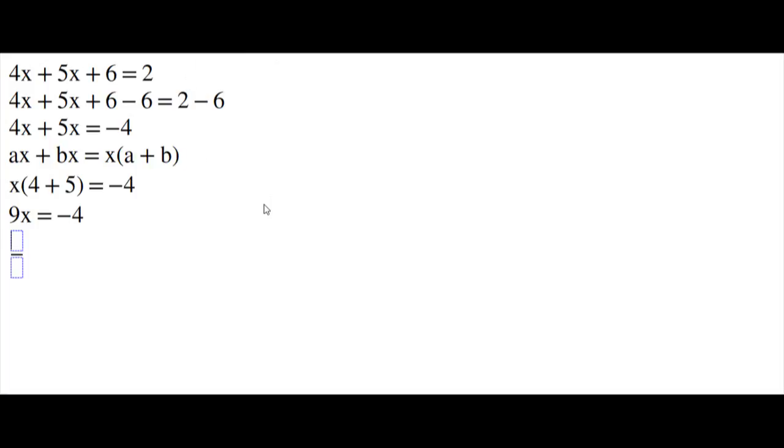How you go about doing this is you write 9x, like we did in the previous example, divided by 9, which is equal to negative 4 divided by 9, which is equal to negative 4 over 9. Same term, it's just arranged differently.